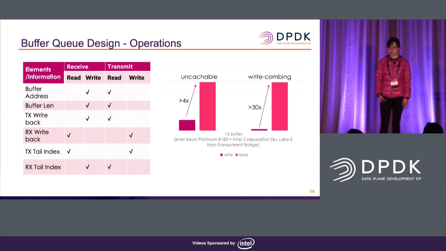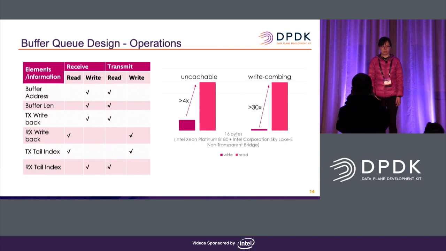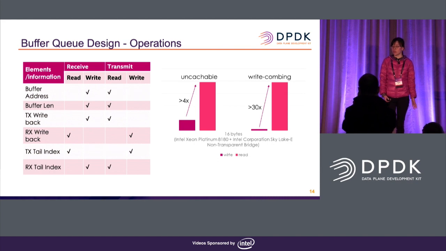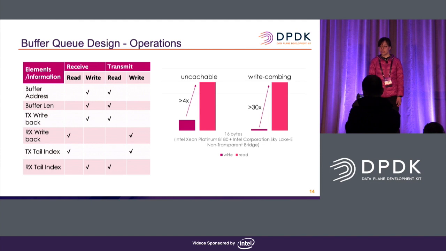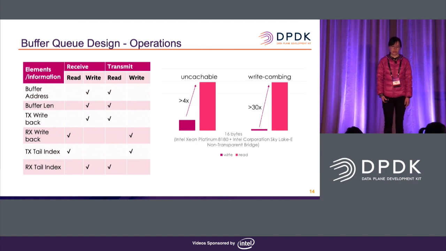So this is the hardware specific feature, and then when we design a ring, we need to provide the following. The buffer address: the transmit side needs to know where to transfer the packet to. And the buffer length: I need to know the size the peer provided to me for transmitting. The TX write back tells the transmit side the status of the transmit.